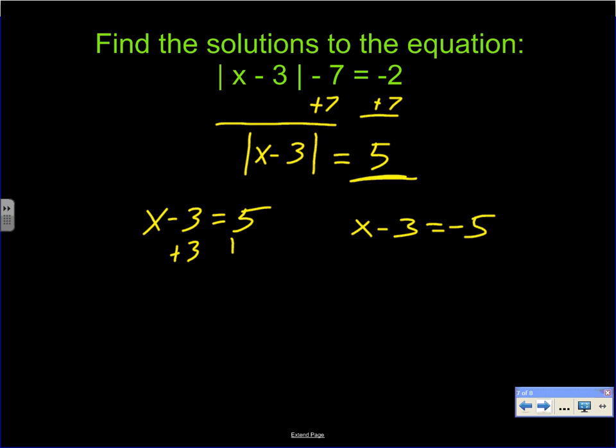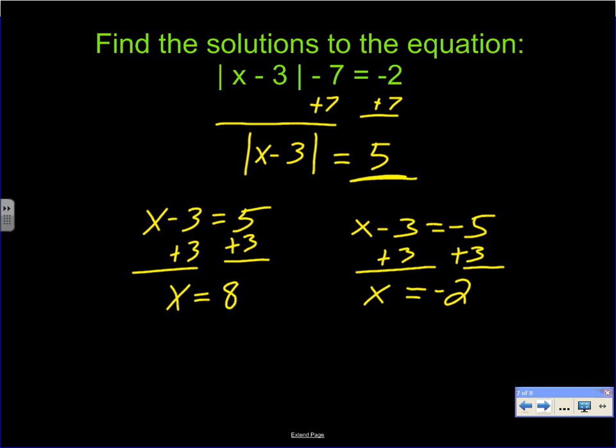We add 3 to both sides of the equation. X is equal to 8. Go ahead and add 3 again to both sides of the equation. X is equal to negative 2. So x is equal to 8 and negative 2.